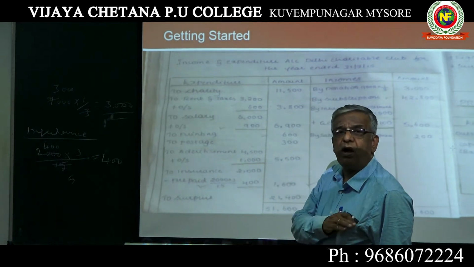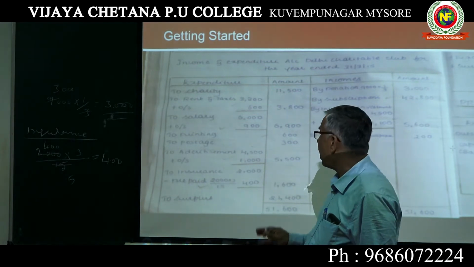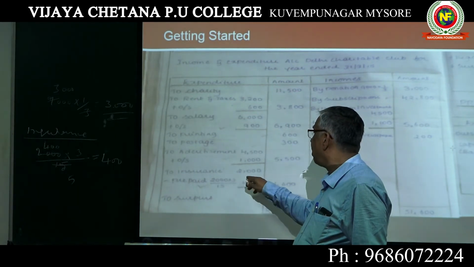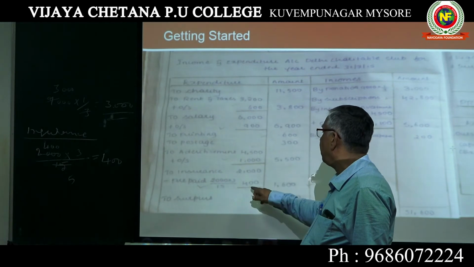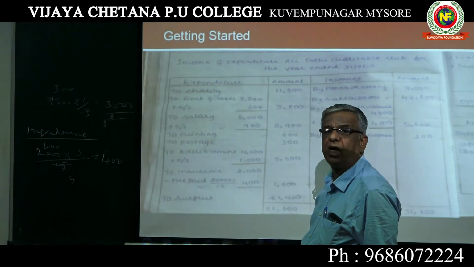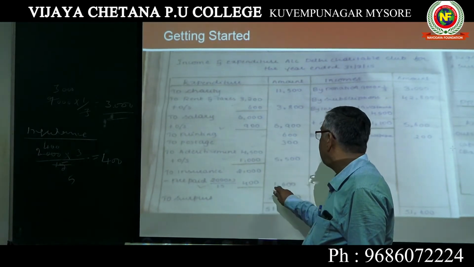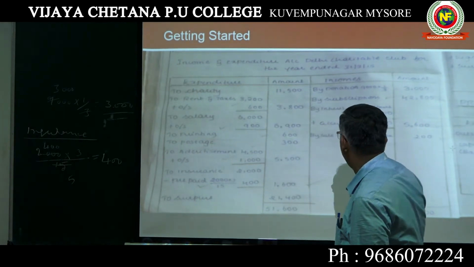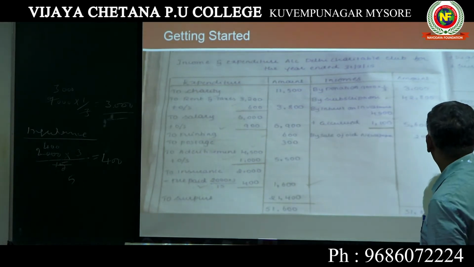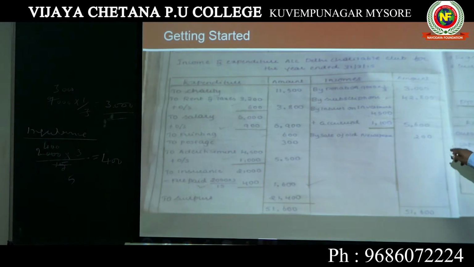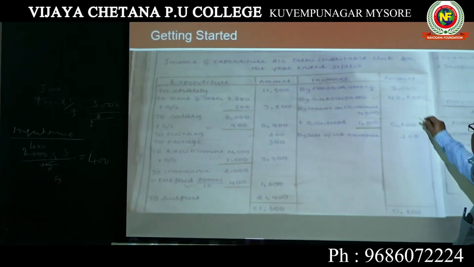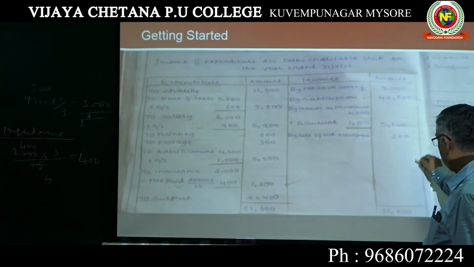So we don't want next year. We want only the current year. So therefore, out of this 2000 rupees, we have to deduct 400 which they have paid in advance. So the balance is 1600. And now, if you total this, students, the total comes to 51,600.